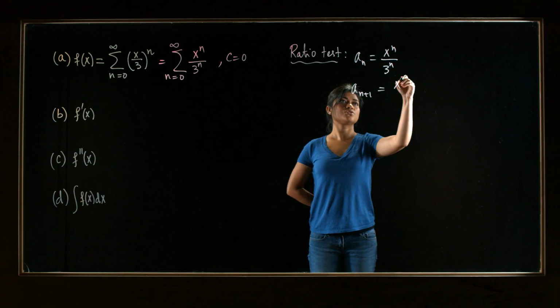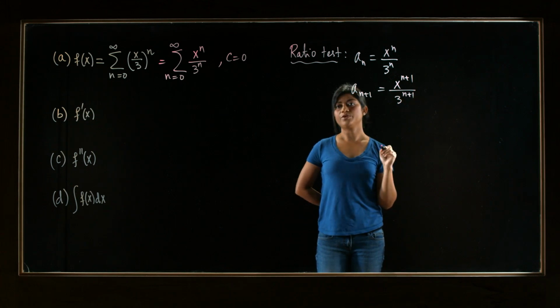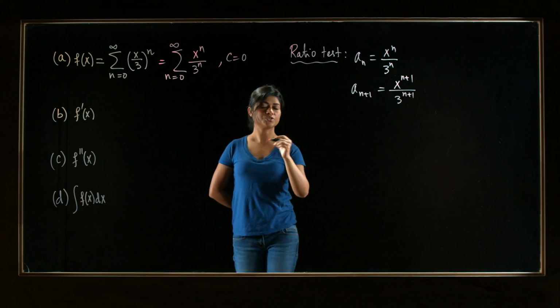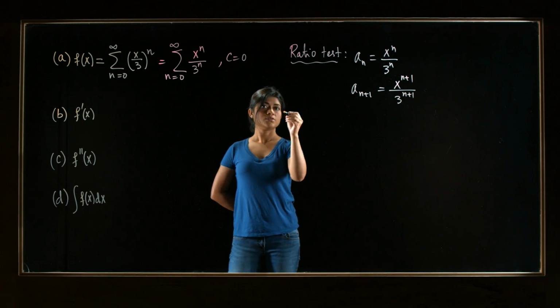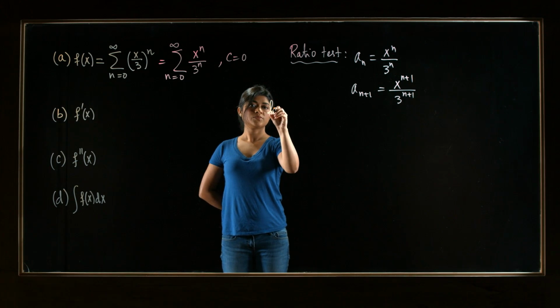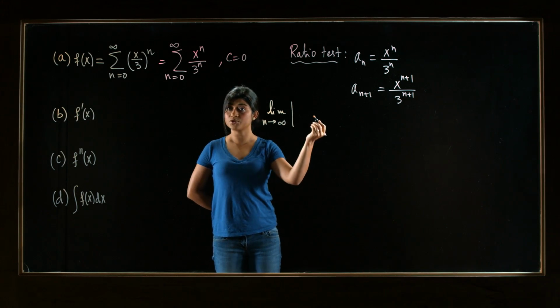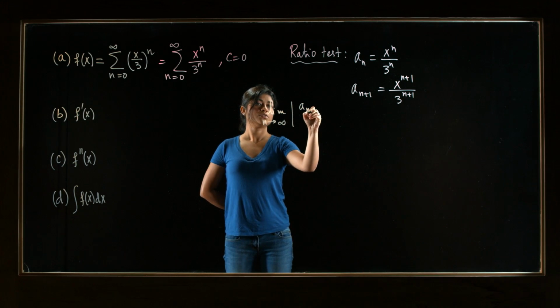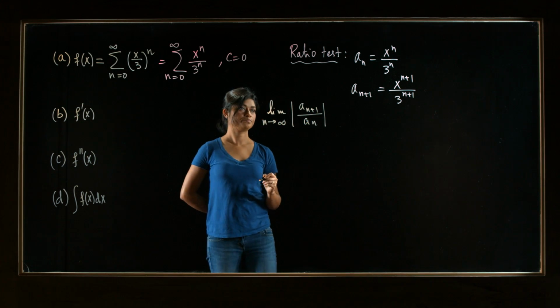So this will be x to the power n plus 1 over 3 to the power n plus 1. And now for the ratio test, we form the ratio and take the limit. So let's take the limit as n approaches infinity of the absolute value of the ratio a_(n+1) over a_n.